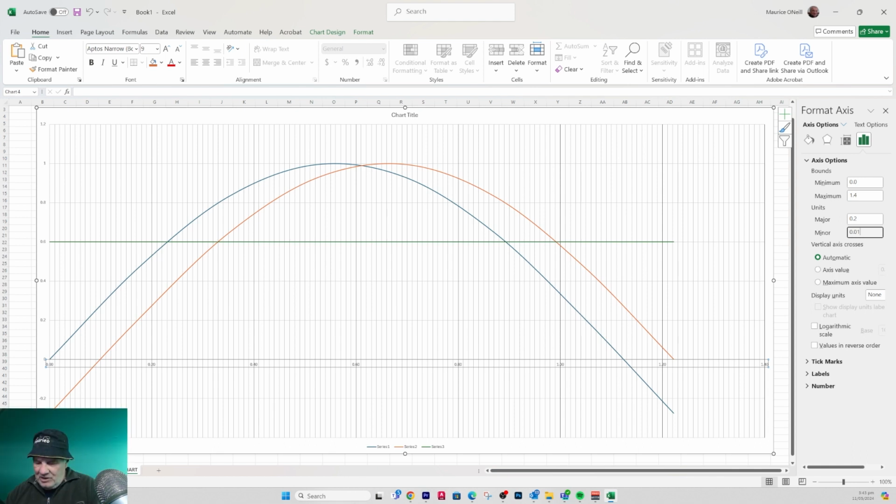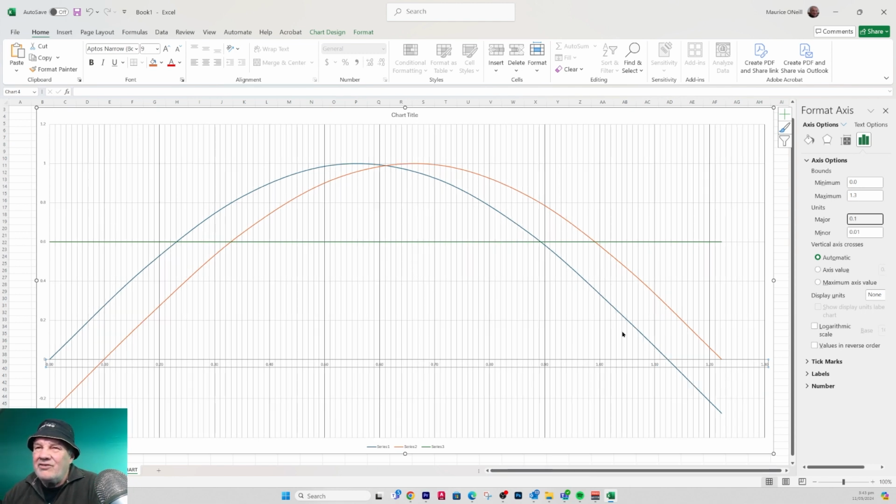So if we look here, we can see 0.23, and here we can see 0.33. Maybe the majors at 0.1. Oh yes, there we go.